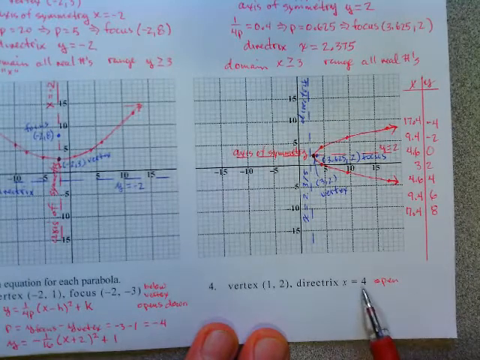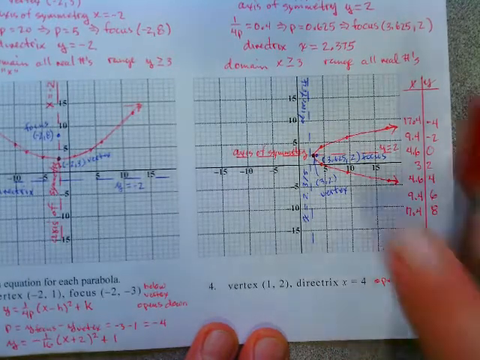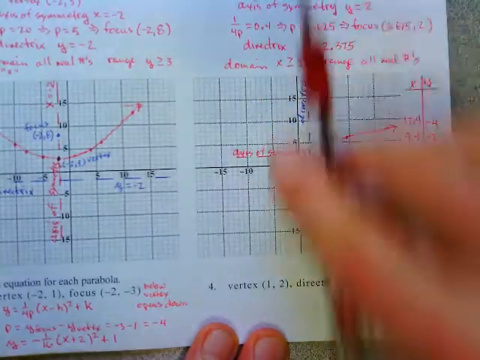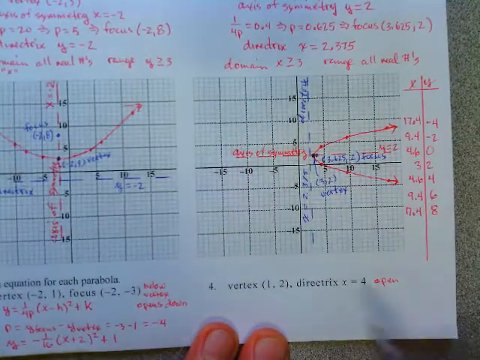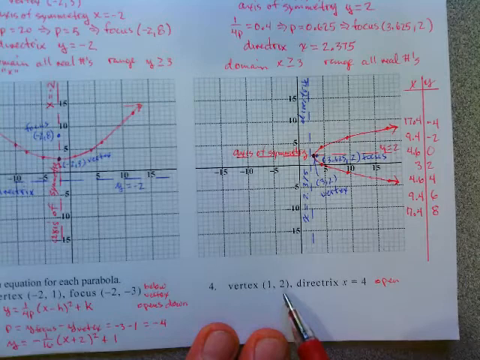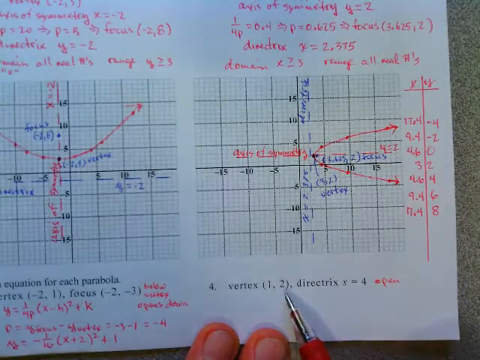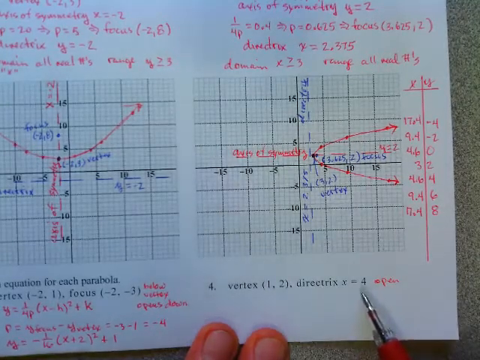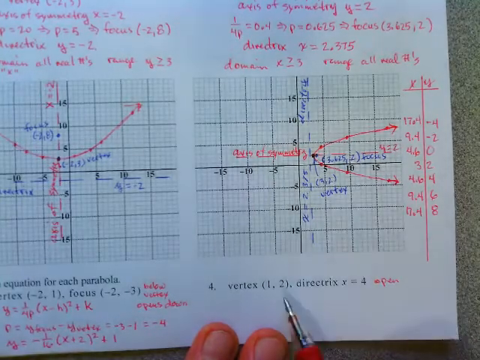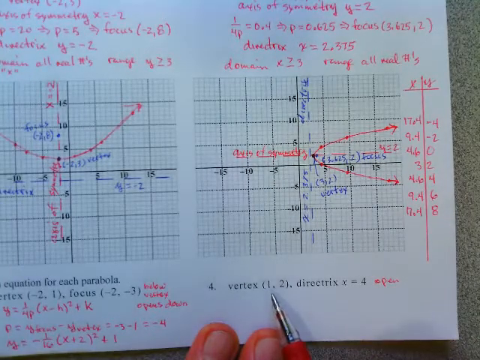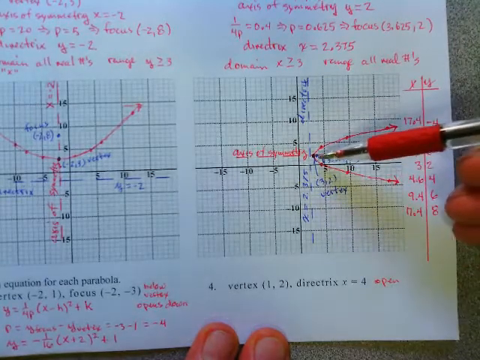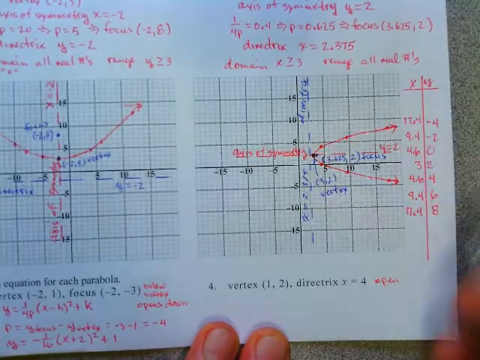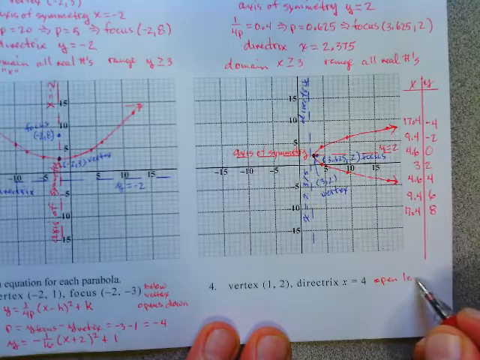Since it's x equals for the directrix, that means it's a vertical one, so that means this has to be left or right. Since the vertex is 1, 2, and the directrix is further out than the 1, that's the opposite of what we see up here, because this one was further to the left, so this one has to open to the left.